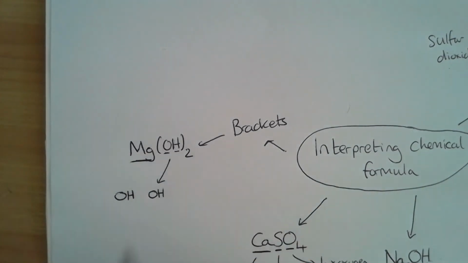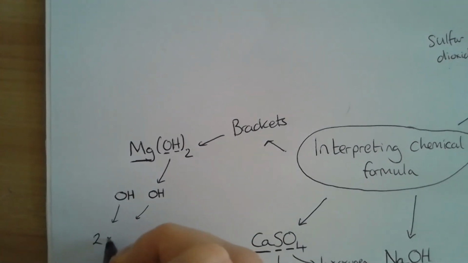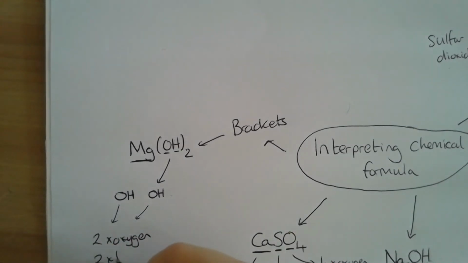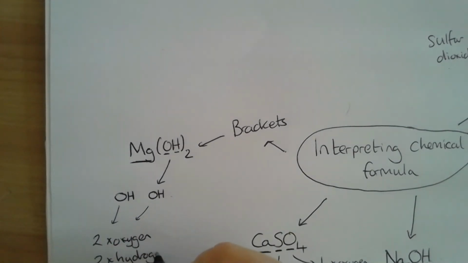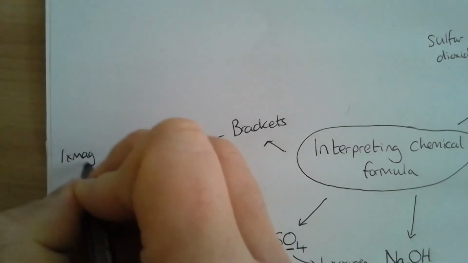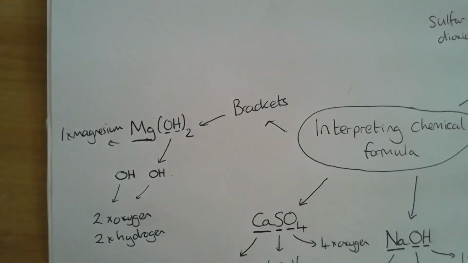So if I then write this out like this, what that then means is, in total, there are 2 times oxygen atoms here, and 2 times hydrogen atoms, as well as the 1 times magnesium atom that I've got there already.